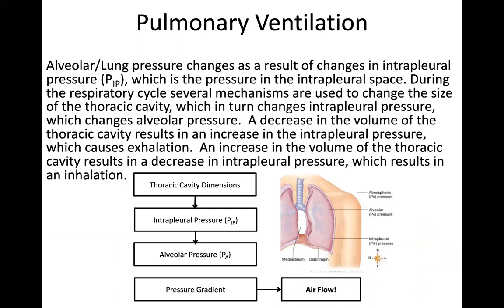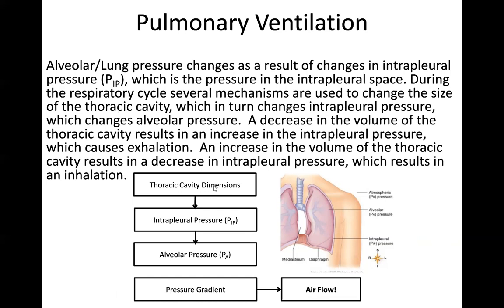So to emphasize how it all works, alveolar lung pressure changes as a result of changes in intrapleural pressure. Remember, intrapleural pressure, P sub IP, is the pressure in the space between those two membranes around our lungs. During the respiratory cycle, in other words, as we breathe in and out, several mechanisms are used to change the size of the thoracic cavity, which in turn changes intrapleural pressure.